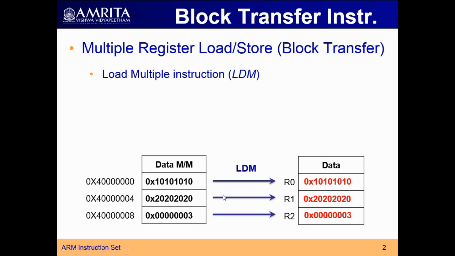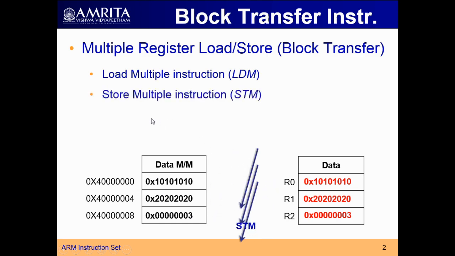So here you are moving a block of memory content to corresponding registers using the LDM instruction. Similarly, what do you mean by STM? It is store multiple. In the case of the store multiple instruction, a block of register content, that means multiple register contents, will be moved on to corresponding memory addresses.